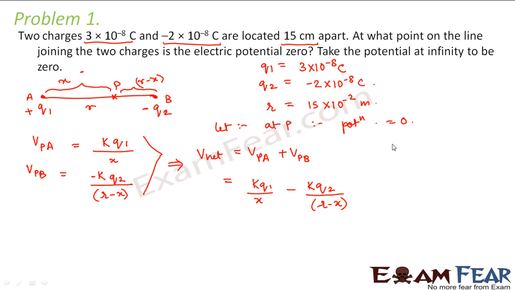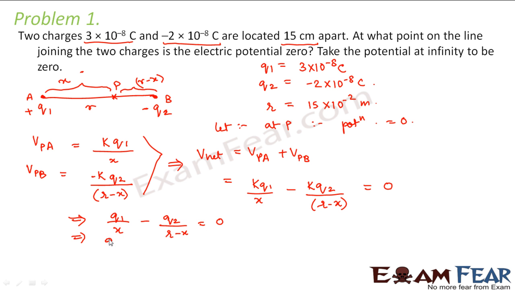Now, what we have assumed? We have assumed that the net potential at this point is 0. So let us equate this to 0, because that is what the problem asks. The problem wants us to find out the point where the total net potential is 0. So with this, you can take this K as common. You are left with Q1 by x minus Q2 by R minus x is equal to 0.